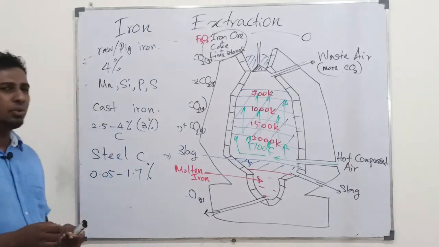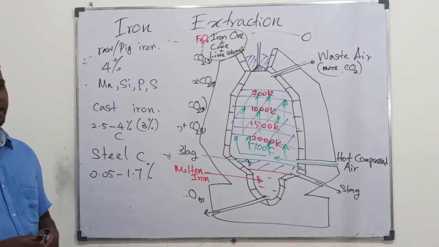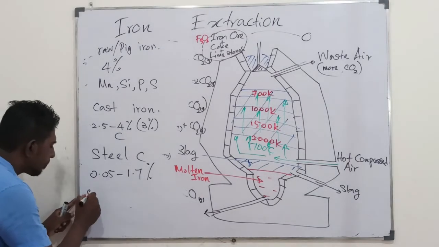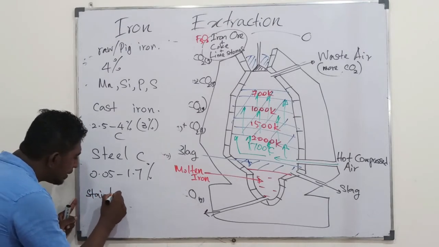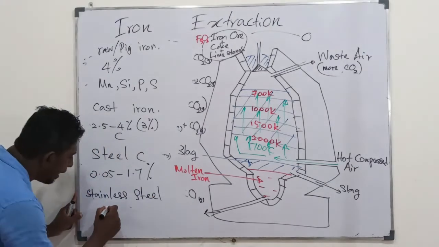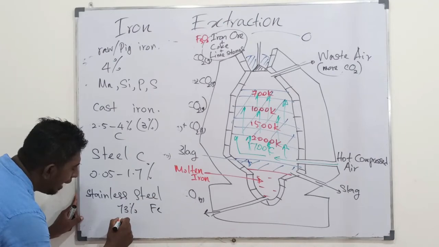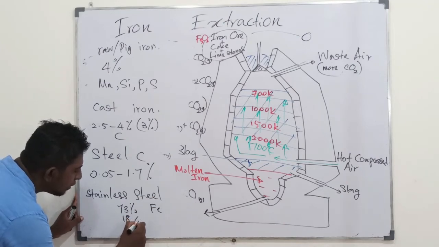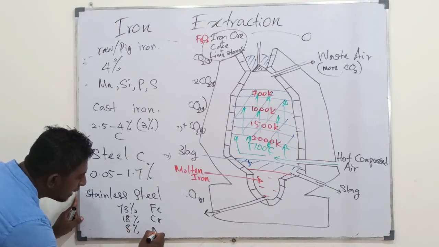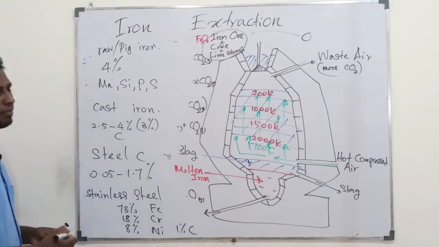Then students, if you dope some other elements, metals as well, you can manufacture stainless steel. In stainless steel, you would expect 73% of iron, 18% of chromium, 8% of nickel, and finally 1% of carbon.